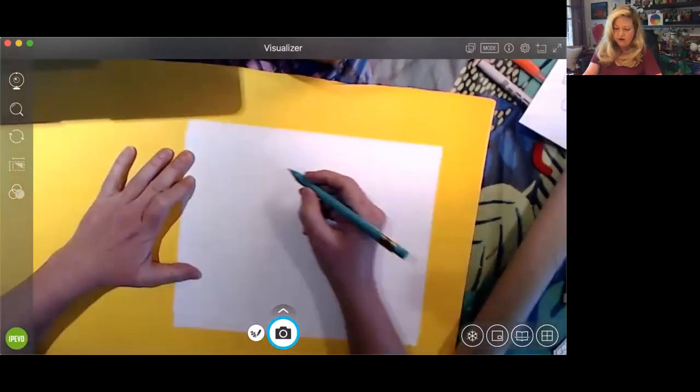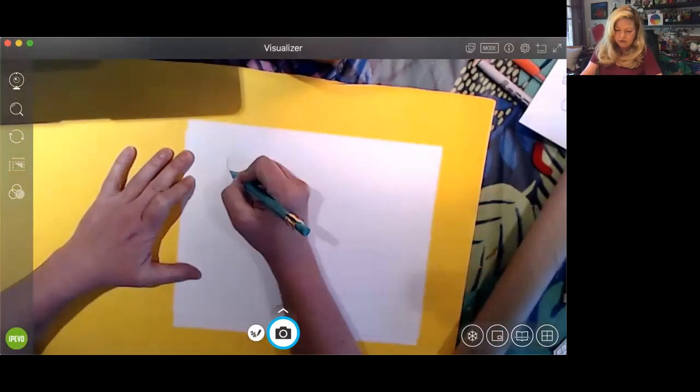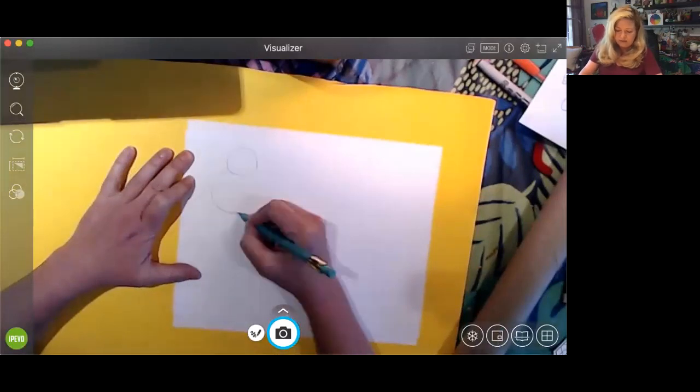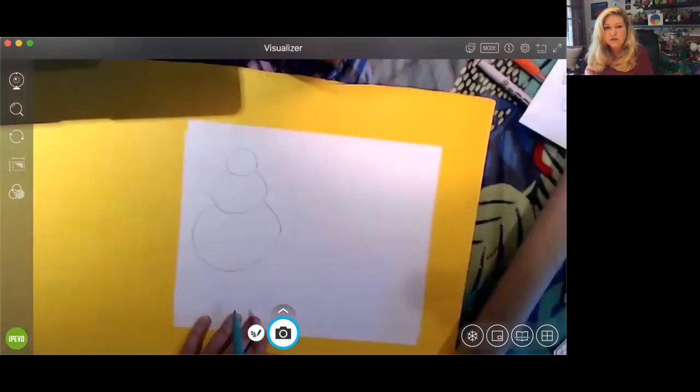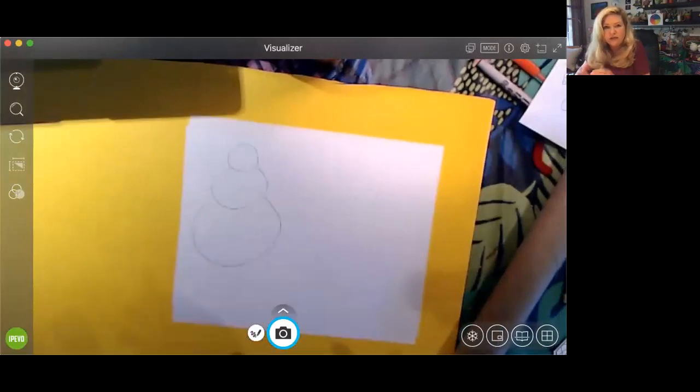And I said, okay, my snowman is going to be like that. Now I am looking straight at this snowman, and so the reference is straight at him. My perspective is looking straight at him.